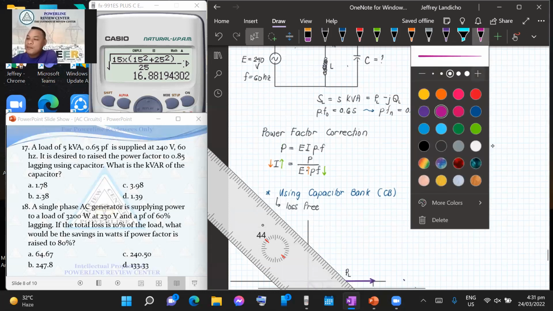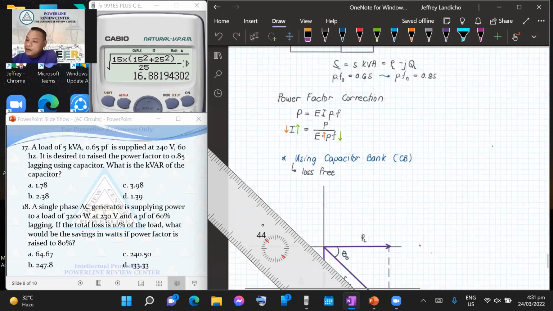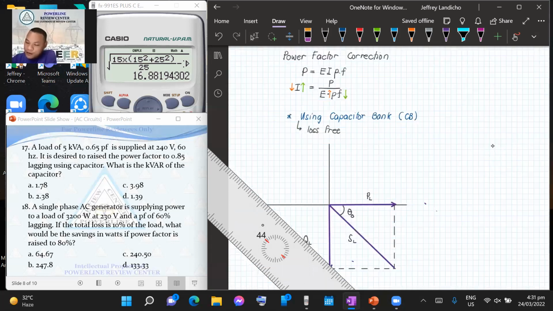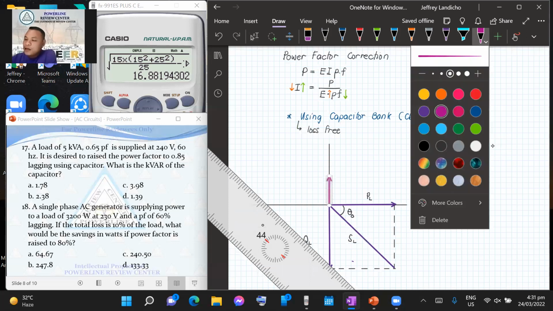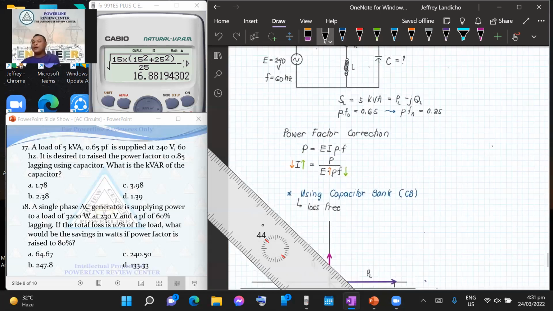Positive. Kapag pinlat natin yung kanyang reactive power, nasa taas yan. Andito siya. So that would be the reactive power of the capacitor bank, that is at positive. Ang length nito, that would be our Q sub C. Ngayon, anong connection ba?